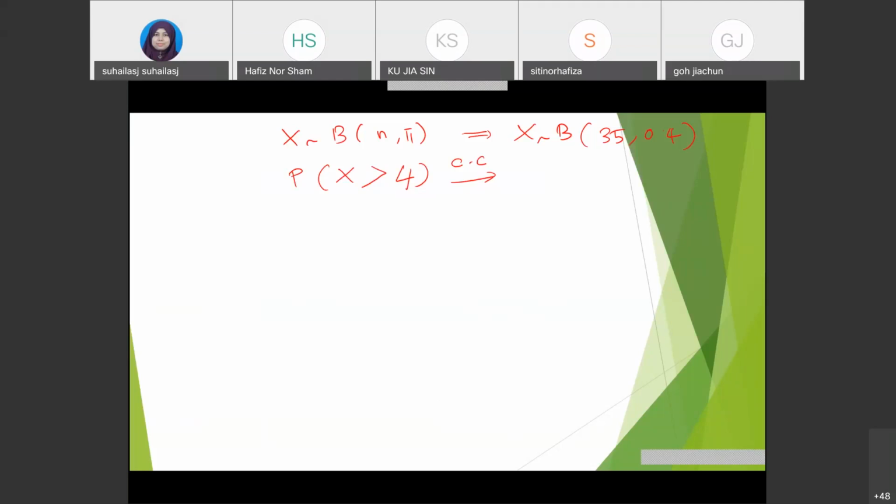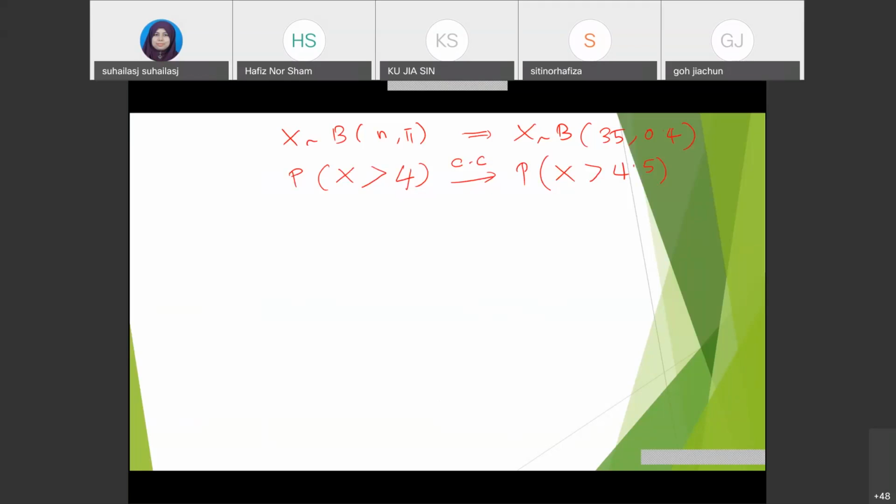So for probability X greater than 4, normally you want to find more than 4, so if you remember, it is X greater than 4.5. This is what you did before sampling proportion, we correct it by plus 0.5. Otherwise, if X is less than, you will minus 0.5.